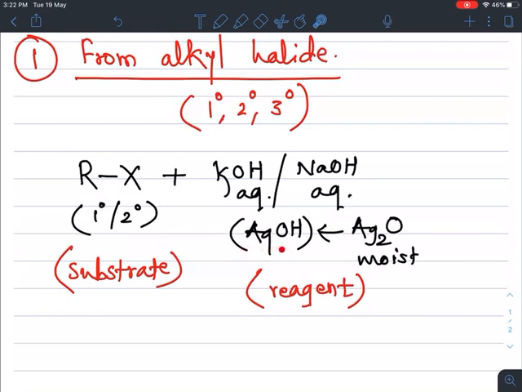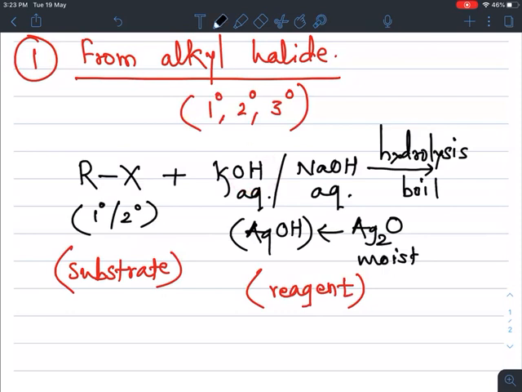it supplies silver hydroxide, AgOH. Then what happens when the reaction proceeds? After heating, hydrolysis takes place. It undergoes hydrolysis after boiling. Here X, the weak nucleophile, is replaced by the strong nucleophile OH. This is a nucleophilic substitution reaction, and X is replaced by OH.